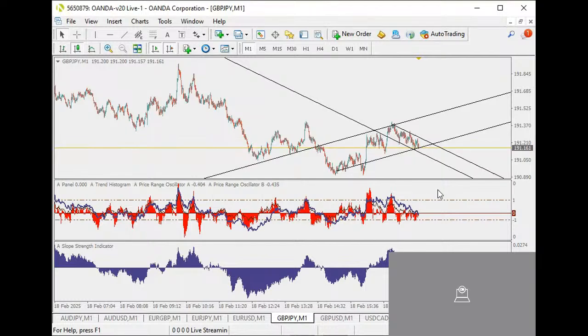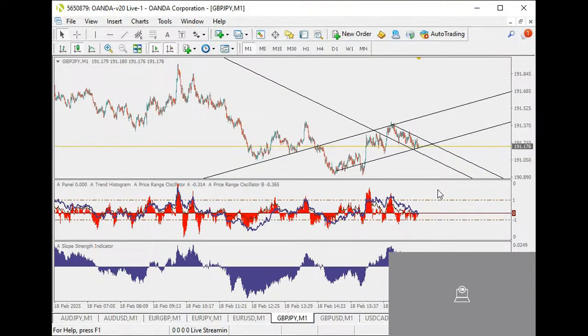Alrighty. So we have a support level that is around, checking. Ooh, we have two support levels that converge at about 191.05.